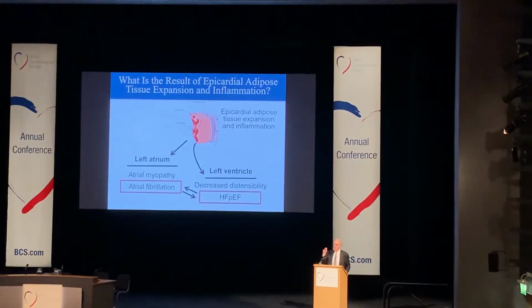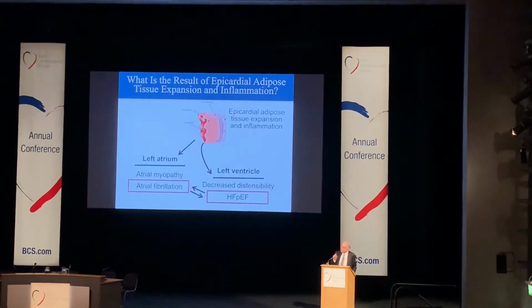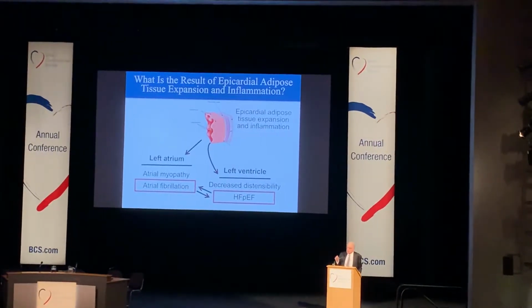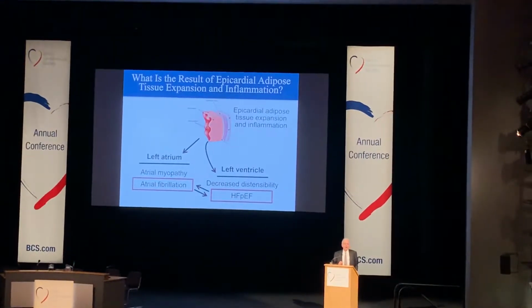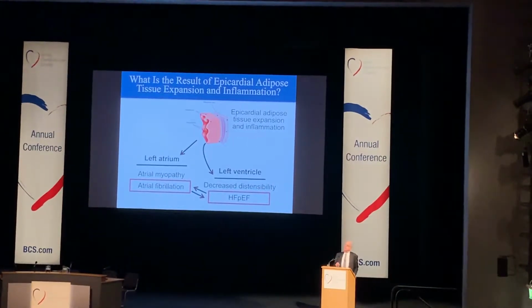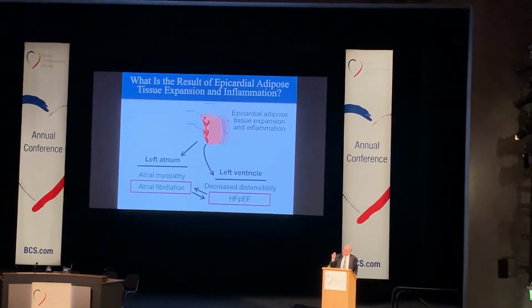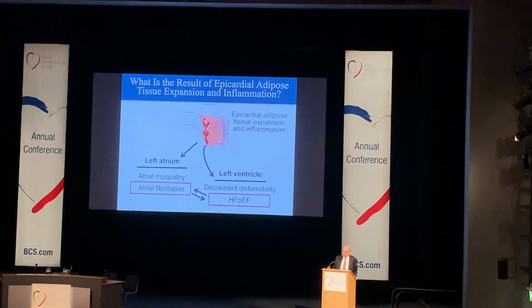And these coexist to an incredibly convergent degree in the community of middle-aged to older women who are obese, have metabolic diseases, and have chronic systemic inflammatory disorders.